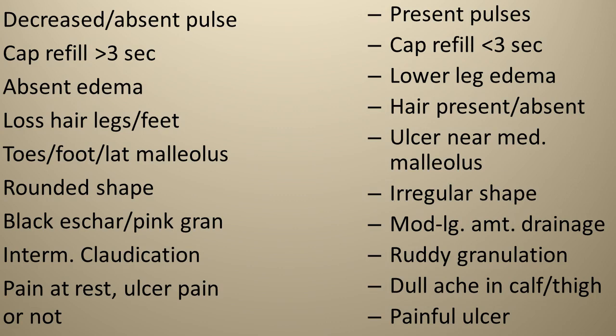And so an ABI of less than 0.9 in either leg is diagnostic of PAD. Many times if you have a diabetic, and that's another reason it's so important to know your patient's history and other comorbidities, patients with diabetes are known to have a falsely elevated ABI. So that's very important to know.